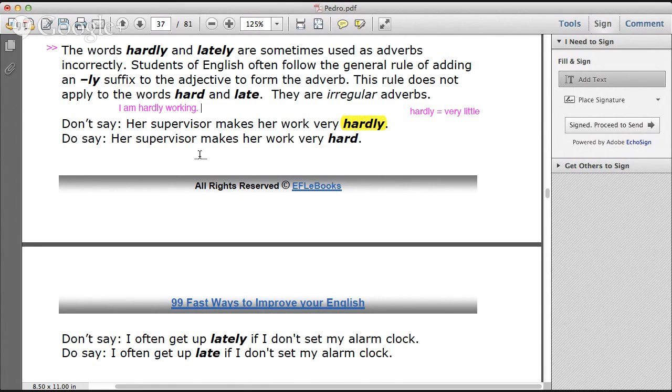So when you mean that your supervisor makes her work very hard, this means that she's really pushing it. But if you put hardly on there, it means that she's not working very much at all, and so it actually creates the opposite meaning. All right. Very good.